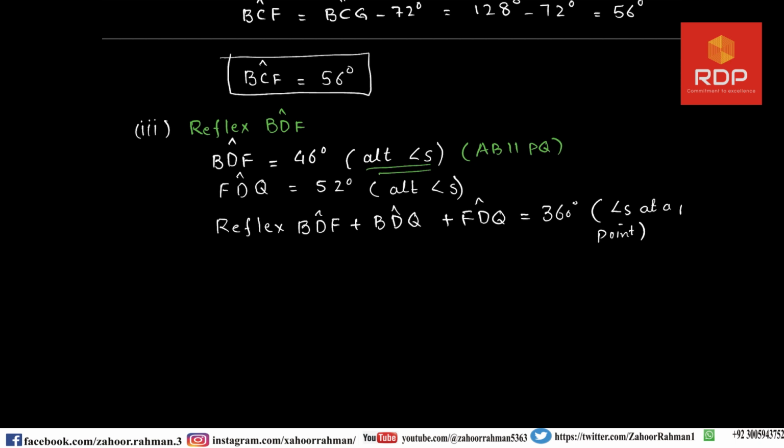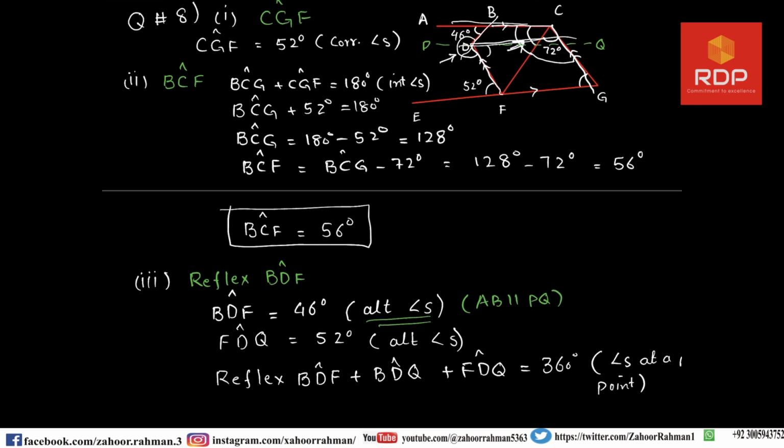Ladies and gentlemen, let me explain it. If we are going to find this angle, let me write it in red so that you can understand, because it is jumbled now.